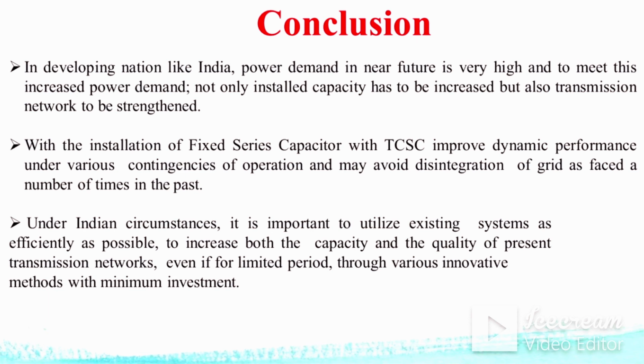This is due to unsuitable switching occurring in the network, or sudden fault or short circuit happening in the network. Under these circumstances, it is very important to utilize the existing system as efficiently as possible in order to increase both the capacity and quality of the present transmission network, even if for a limited period, through various innovative methods with minimum investment as possible.